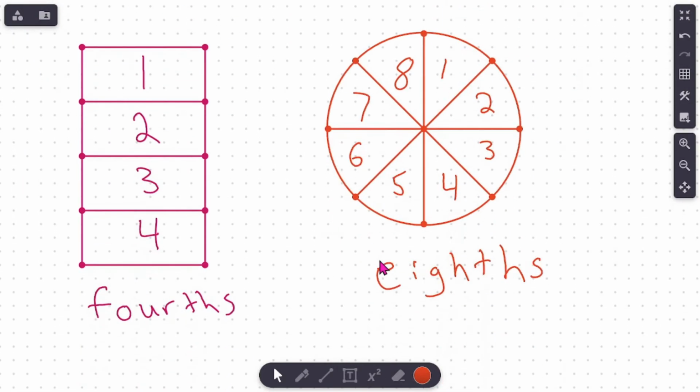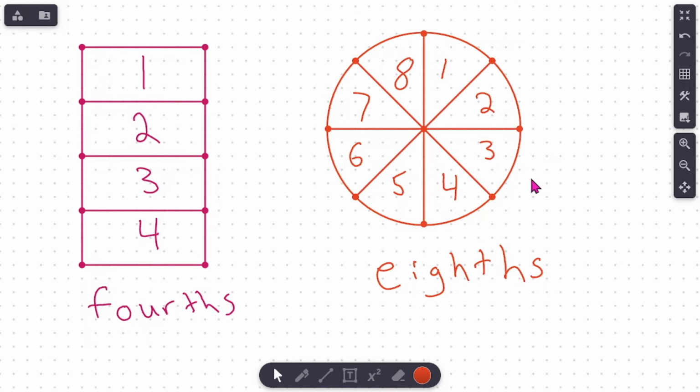Let's say that you had a candy bar over here on the left, and you shared it with 3 of your friends. So all 4 of you are going to get a piece of candy. You divided that candy bar into fourths. Fourths. This one over here, I kind of think of it as like a pizza.